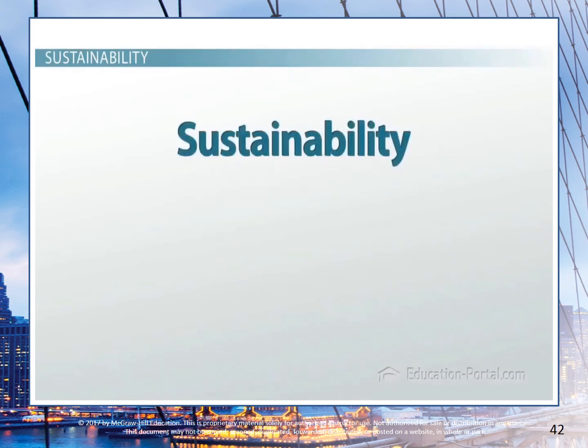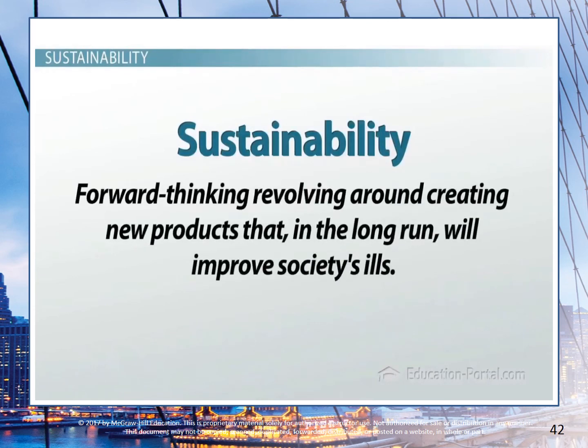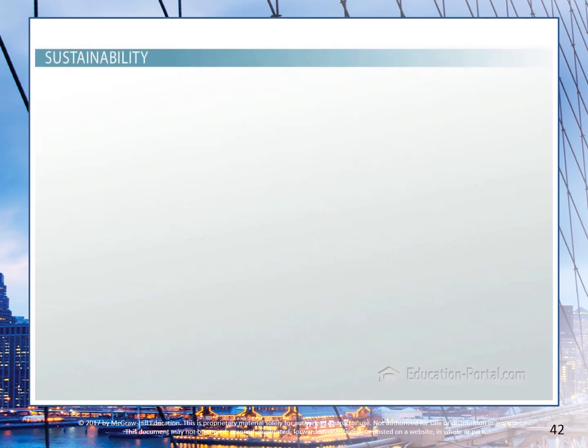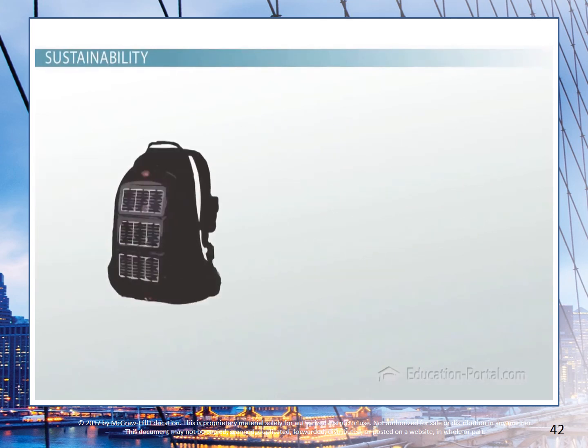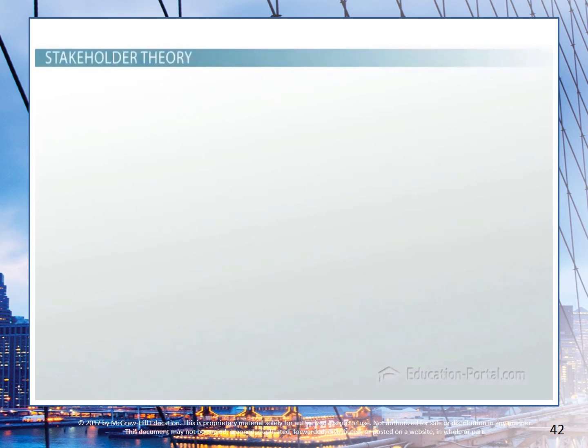Sustainability's forward thinking revolves around creating new products that in the long run will create improvement over time in society's ills. A current example would be a backpack designed with solar panels to charge electronic devices, or 100% biodegradable recycled cardboard coffins. Another way that companies can embrace social responsibility is through a different approach called stakeholder theory.